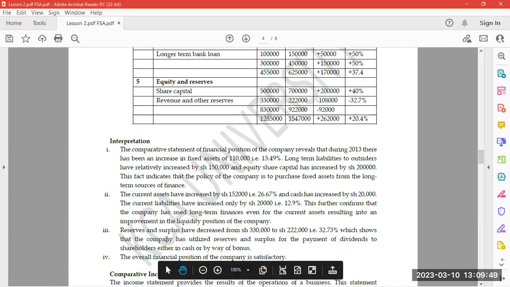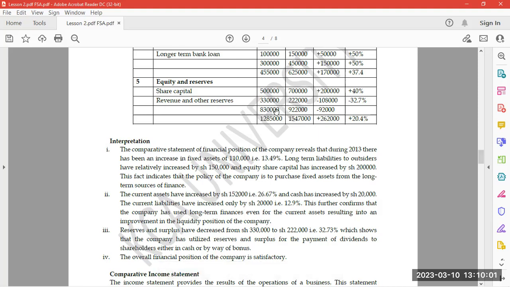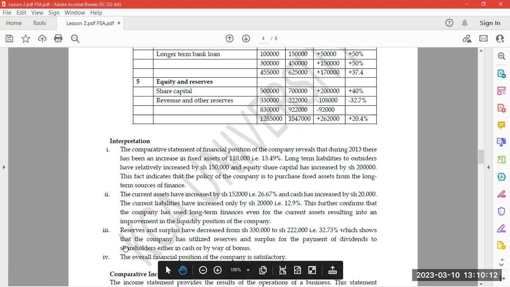Roman 3 of the interpretation. Reserves and surplus have decreased from 330,000 to 222,000, meaning in 2012 it is 330,000, and in 2013 it is 222,000. So that is the interpretation.